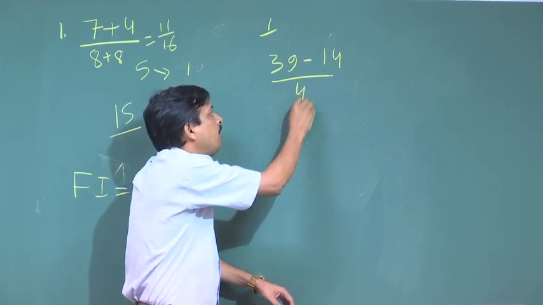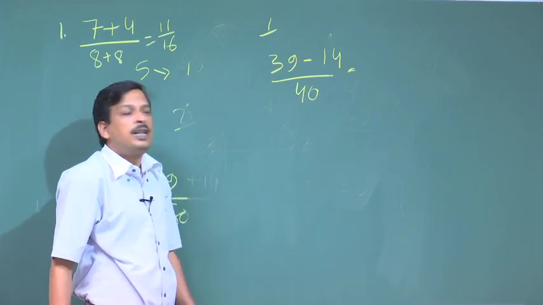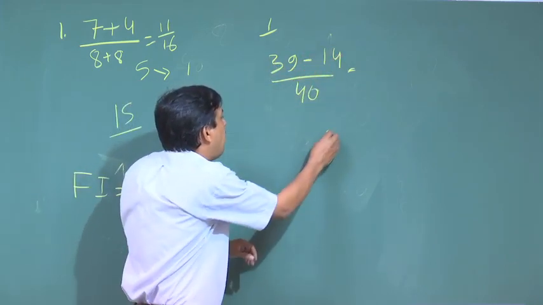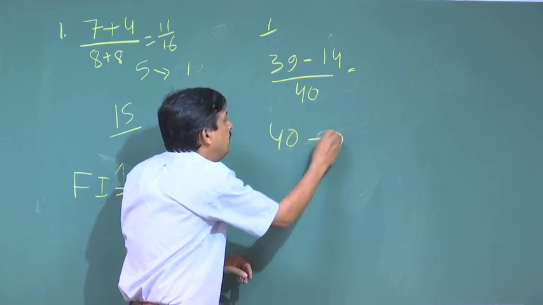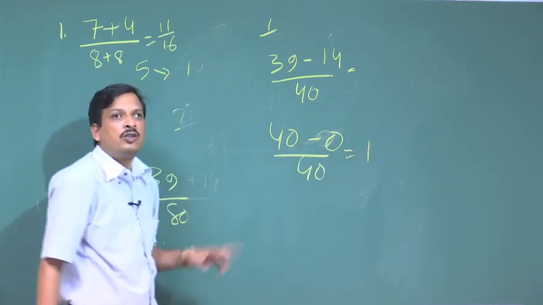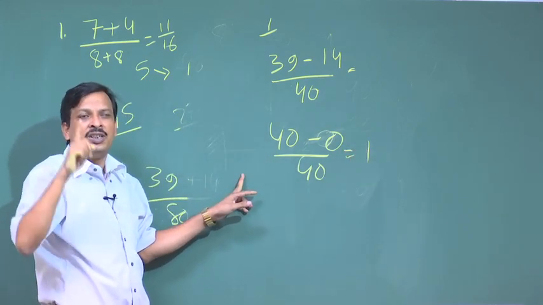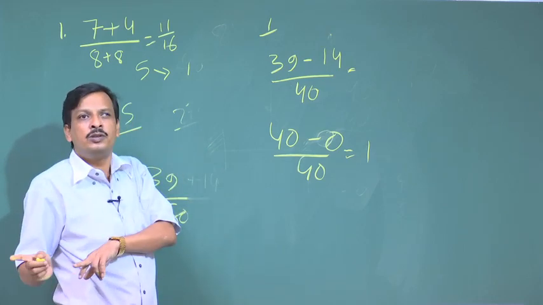So, it is nothing but 40. If the total marks obtained by the upper group is 40 and the lower group is 0, then the discrimination index should be 1. That test item is very good, as it can discriminate the good students from the bad students.